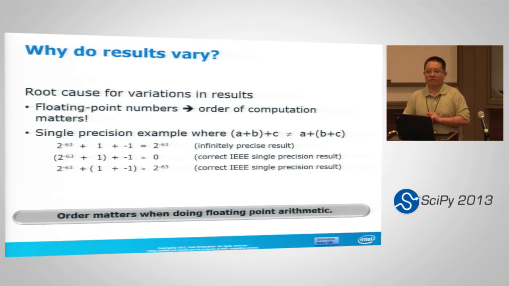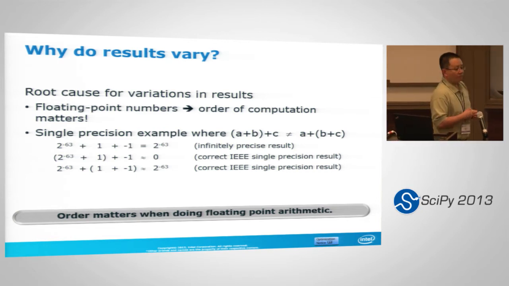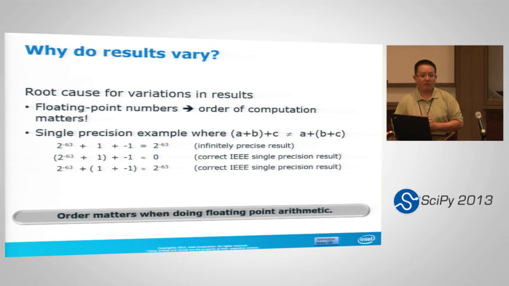Why are results different on different systems? The root cause, I guess everybody knows, is that floating point computation is not associative. So the order of computation does matter. Here is a very simple example. Let's say we have 2 to the power of minus 32, plus 1 and minus 1, all right?